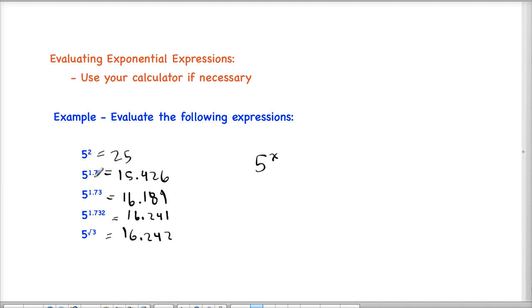So 1.7, 1.73, 1.732, radical 3, those would all be elements of the domain of 5 to the x. What this is trying to show you is that as you extend these numbers, the values get closer and closer together. So it illustrates the fact that you have a continuous graph when you have one of these functions.